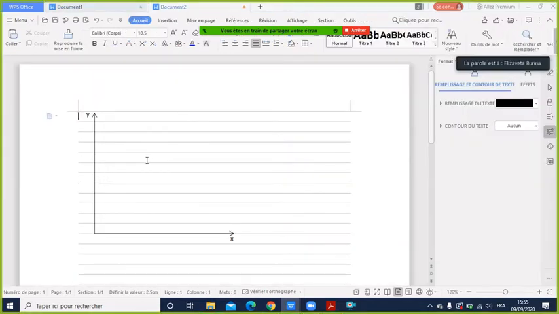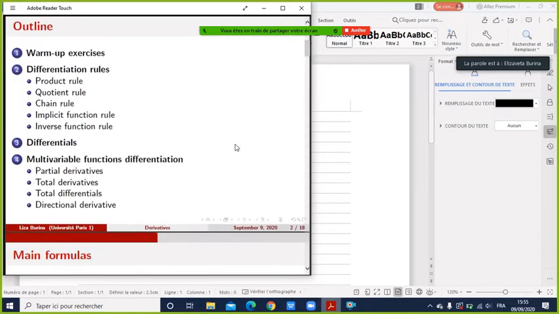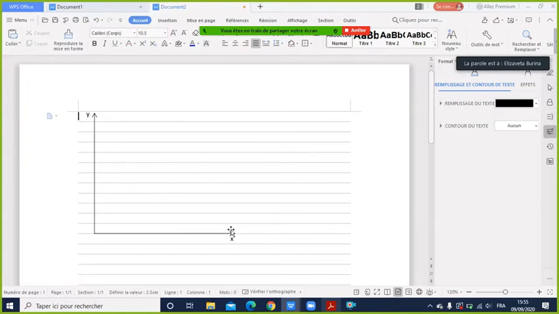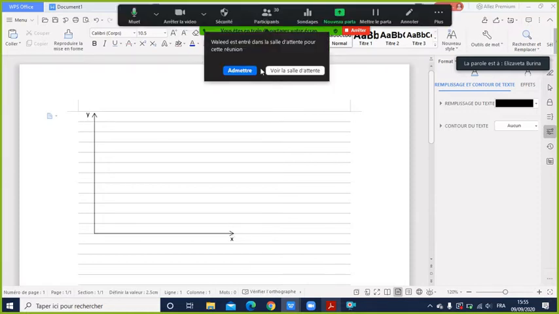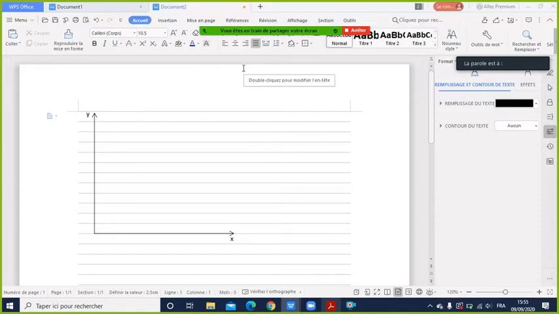Before I start reviewing presentations, as you can see here, what we have first is the outline, and we start straight with warm-up exercises. But I want to first check what the purpose of derivative is, what derivative is. In general, the derivative of a function shows the rate of change of this function. This is something that you should recall maybe from before, or if you don't know what derivative is, that's the main explanation that we will use, the main sense of derivative.